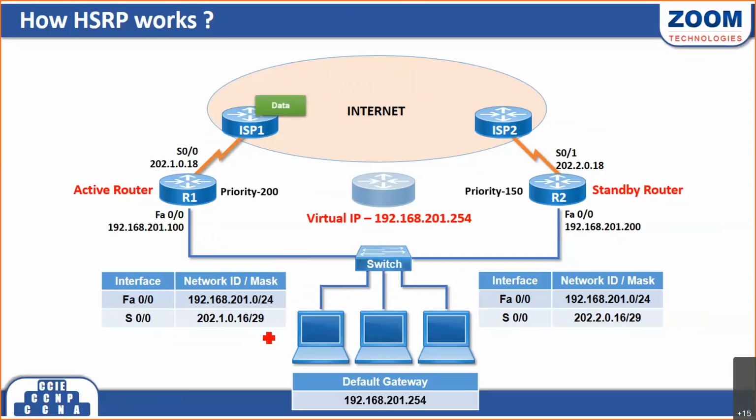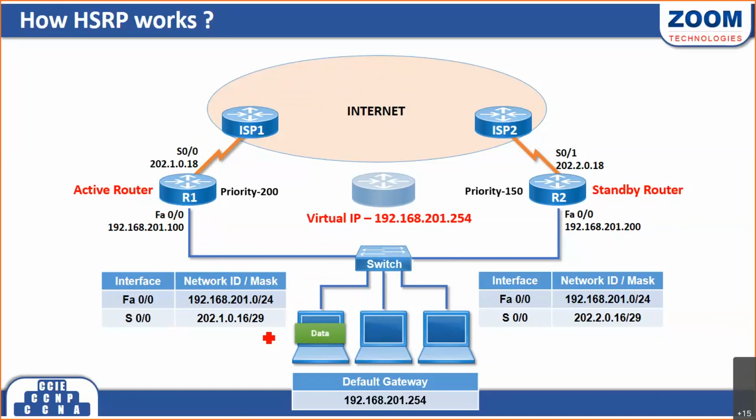Which one has high priority? No, in HSRP, we cannot use 3 routers. It should be 2 routers only, in the active and standby model. But we can have multiple backup, multiple standby routers in VRRP. HSRP works with 2 routers, active and standby. Those are the 2 roles only.